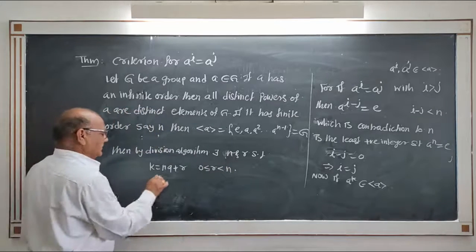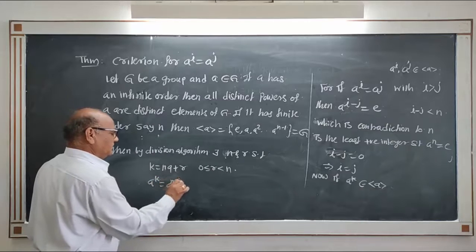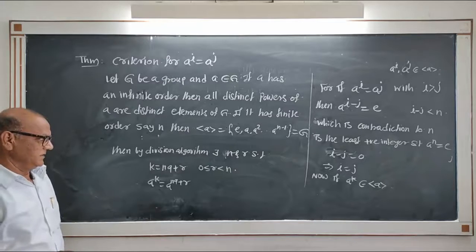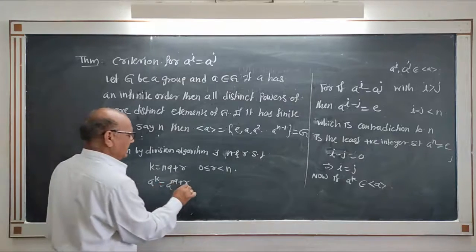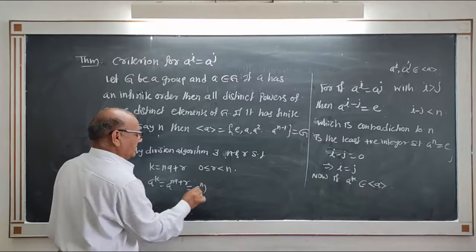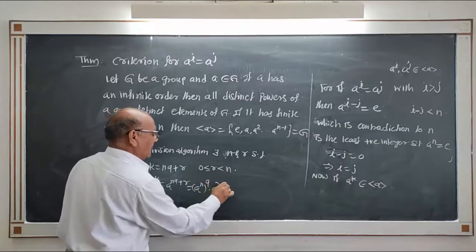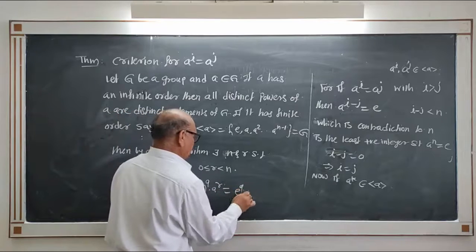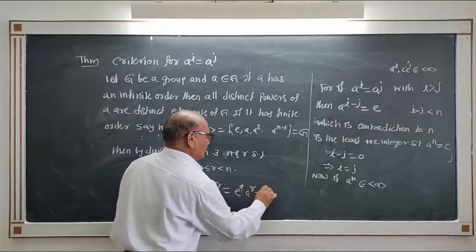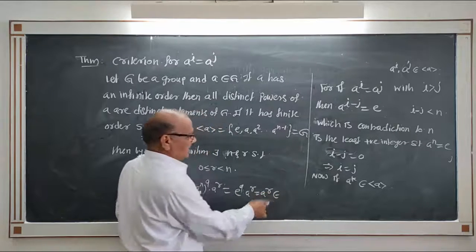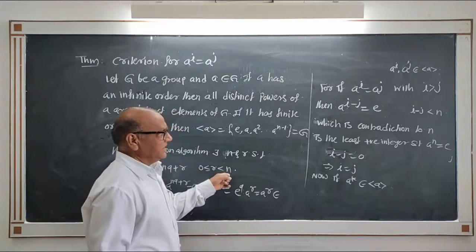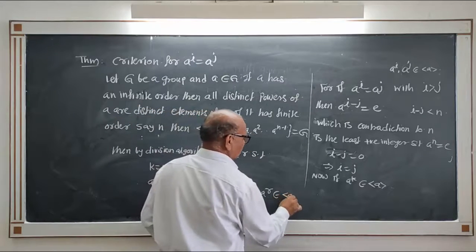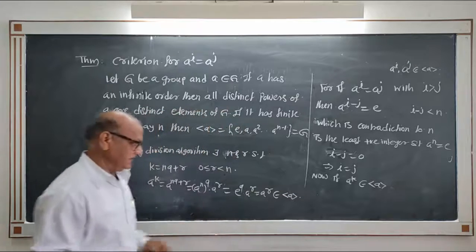Now A raised to K is equal to A raised to NQ plus R. This is equal to A raised to n, whole raised to Q, times A raised to R. A raised to n means identity, so E raised to Q times A raised to R, which is equal to A raised to R. Since R is less than n, this belongs to the set.